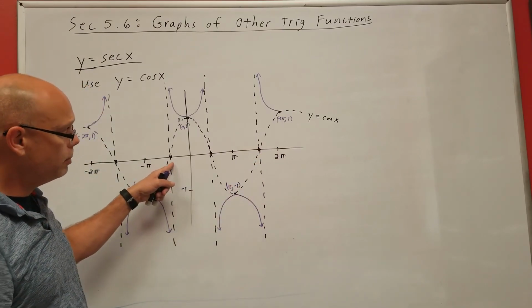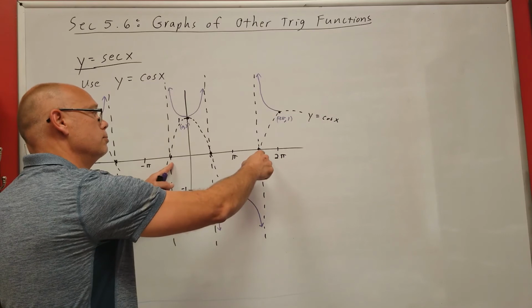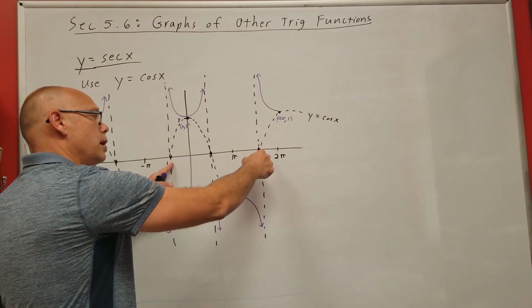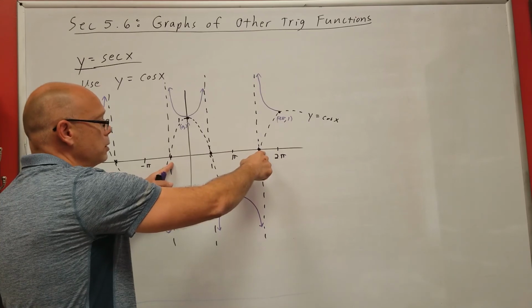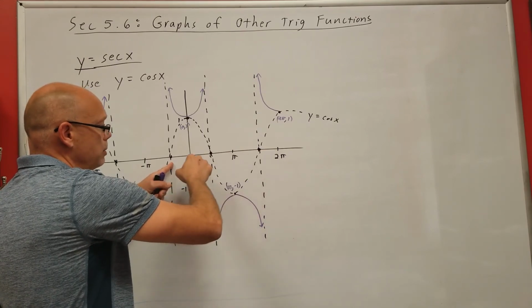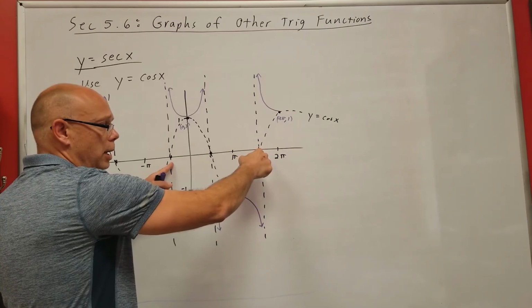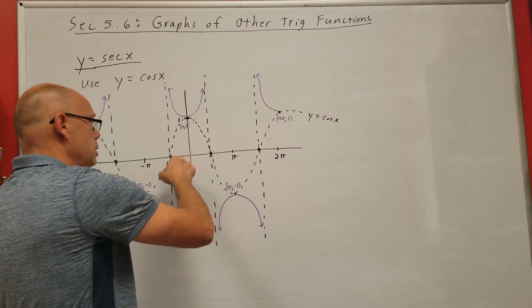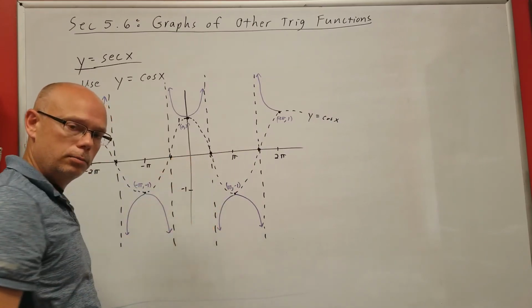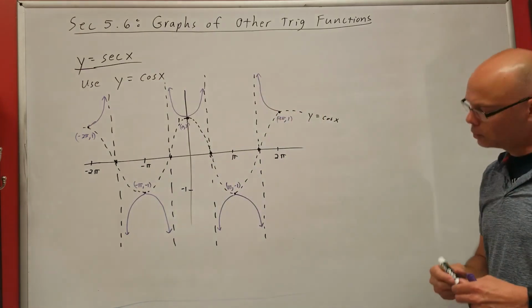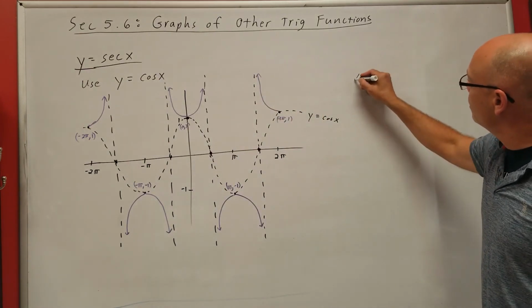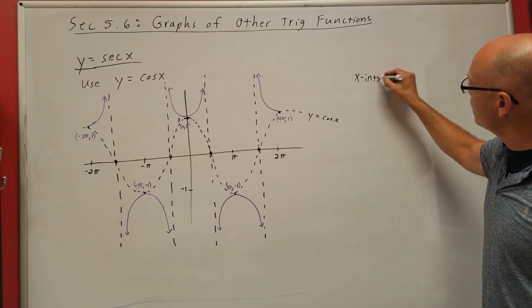That's from negative pi over 2 to what? 3 pi over 2? So how far is that, from negative pi over 2 to 3 pi over 2? Well, from 0 to here would be 3 pi over 2, plus another pi over 2 would be what? 4 pi over 2. What's 4 pi over 2? 2 pi.